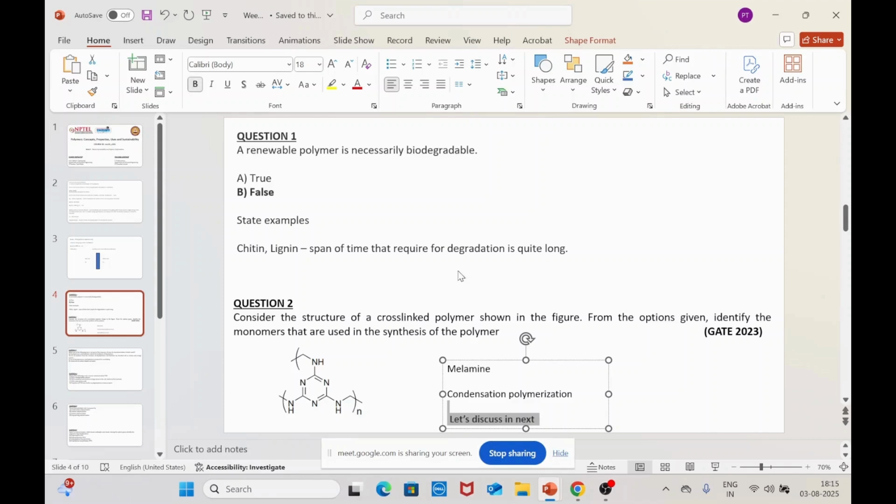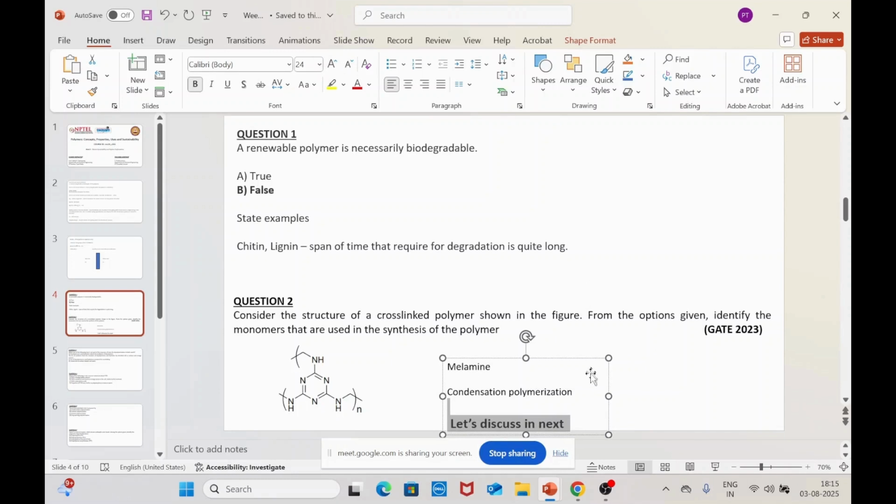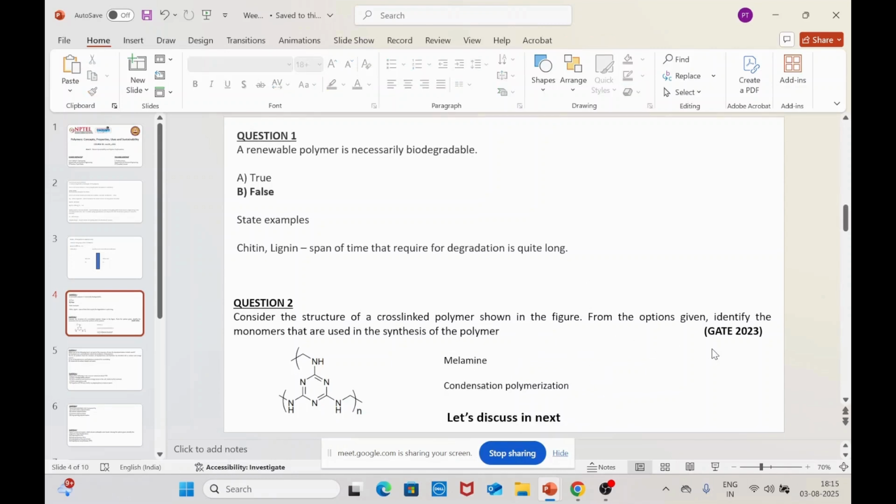Last entire week we saw questions where two monomers were given and we were asked what polymer would form, or what kind of polymerization reaction it would be. We discussed finding monomers of common polymers like nylon 6 and nylon 6,6, but we didn't see a case where only the structure is given without its common name and we have to find the monomers.